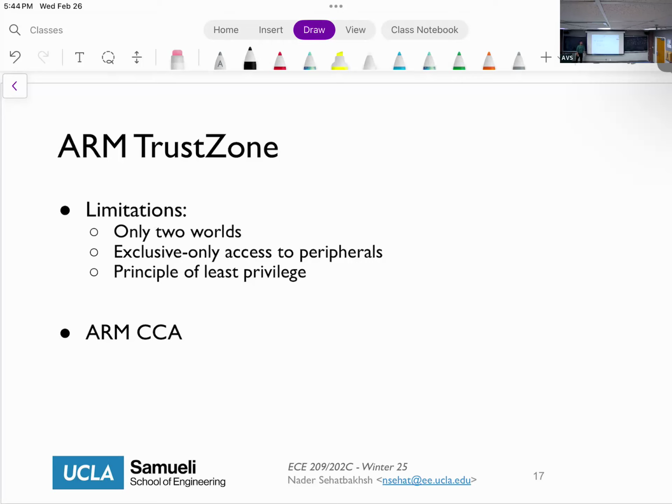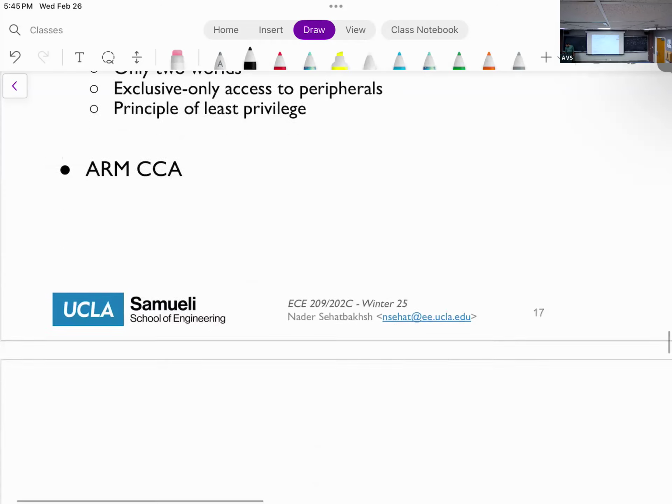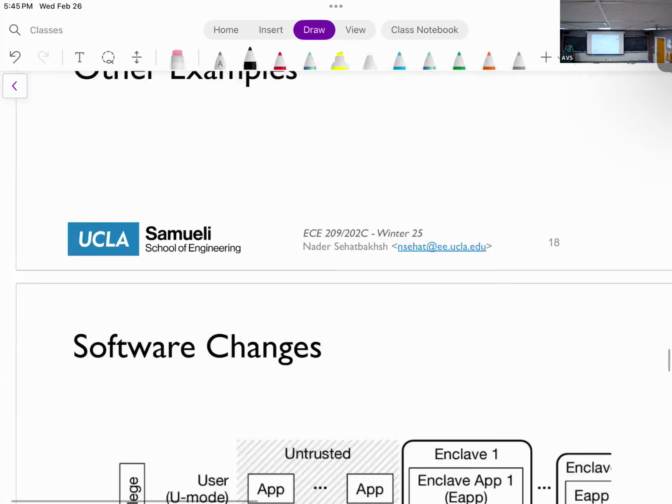And as I said, there is no principle of least privilege, because now all the trusted apps have access to everything, which is not good. And as I said, ARM understood these limitations and has been working for a few years on this CCA, which gives you all of these things that I mentioned, has multiple worlds and so on, and is coming out very soon.